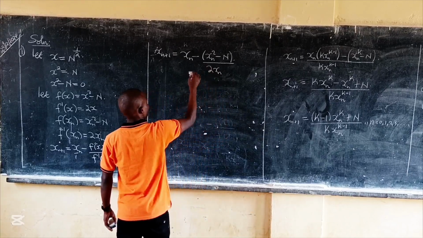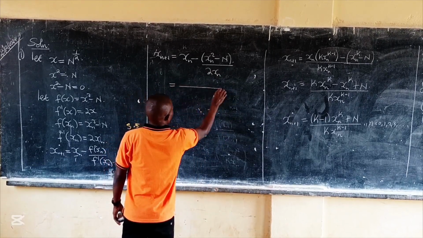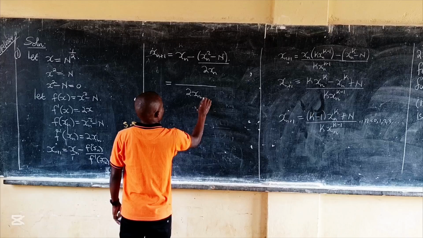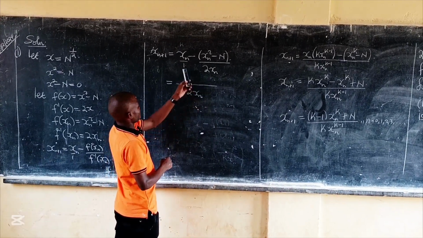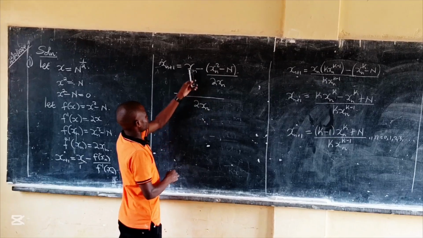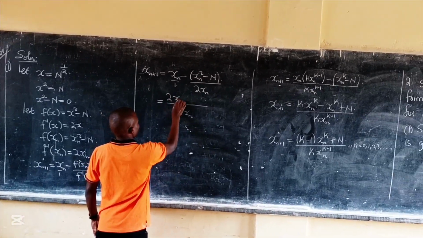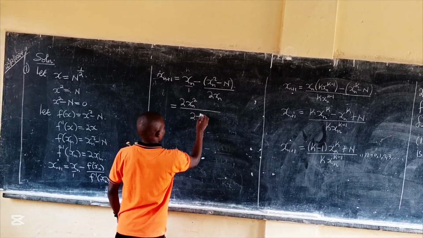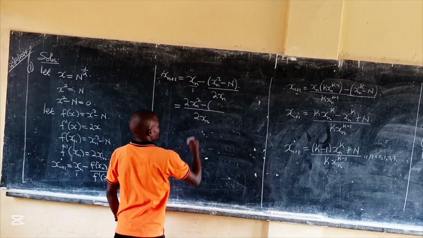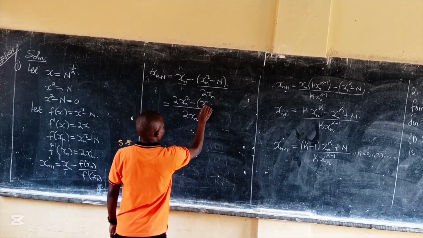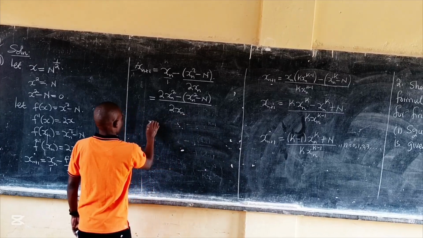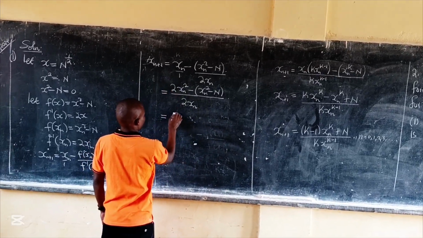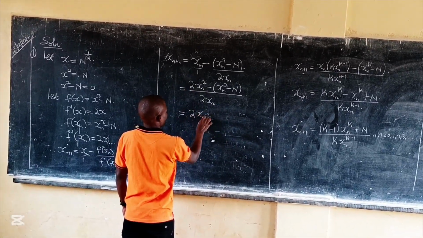2xn. Now from here we simplify. LCM is 2xn. Here we have a denominator of 1. This one divided by 1 gives itself, times that we simply get 2xn squared, then minus this divided by that is 1, which multiplies that. I believe we simply get this. And this one now will give us 2xn squared.